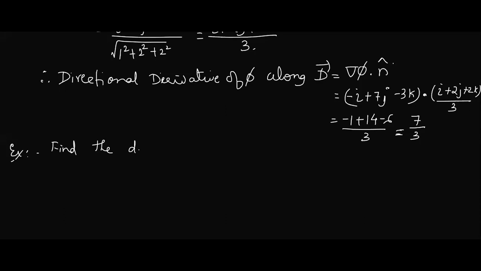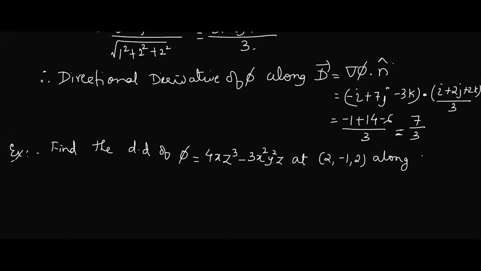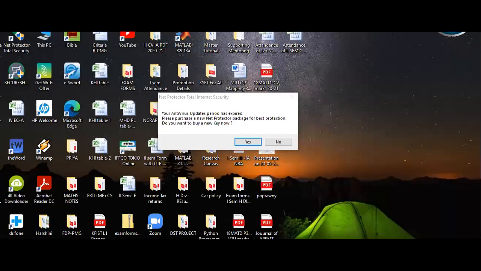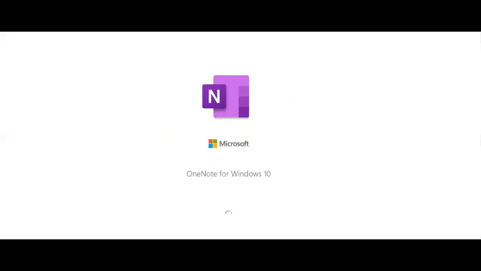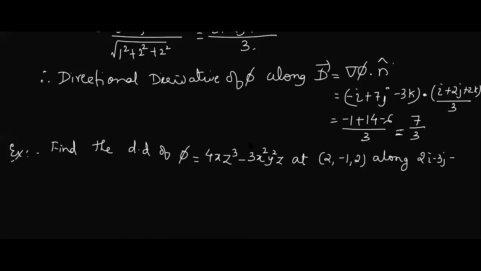Find the directional derivative of phi, which is equal to 4xz cube minus 3x square y square z at (2, -1, 2) along 2i minus 3j plus 6k. Write the question and just start solving it.